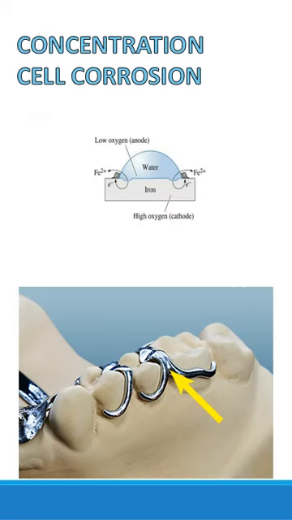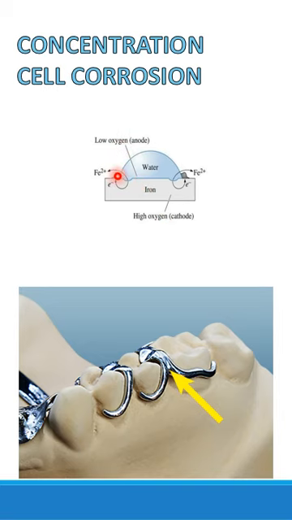Next is your concentration cell corrosion, and this type of corrosion is also seen in the oral environment. This occurs because of changes in the oxygen concentration as well as changes in the local electrolyte concentration. As you can see in the first picture, in case of change in the oxygen concentration, there will be low oxygen at the anode and high oxygen at the cathode.